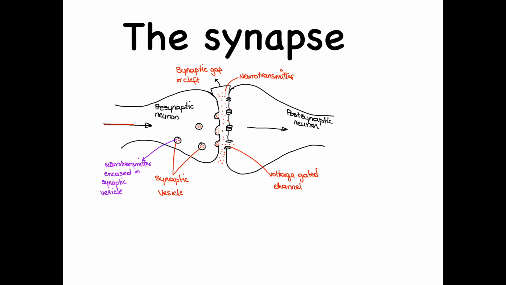And as you can see, information travels in one direction from one neuron to the next. Now, before the neurotransmitter diffuses across or enters the gap or leaves the presynaptic cell, calcium ions rush into the neuron.